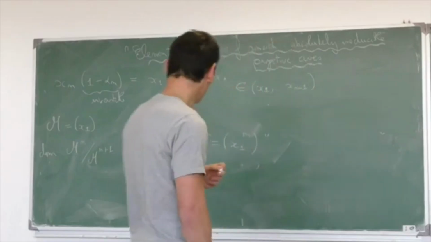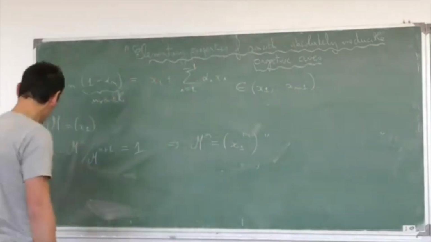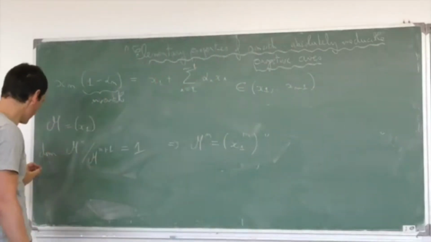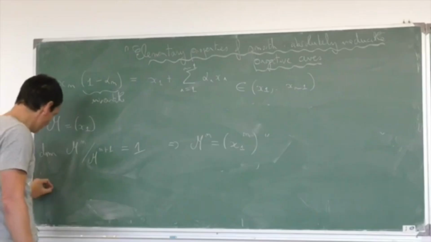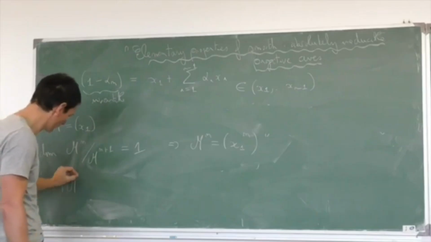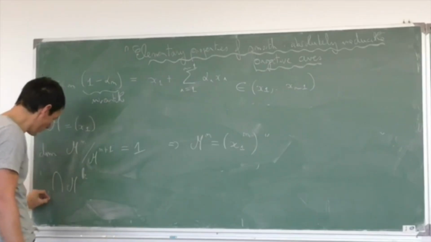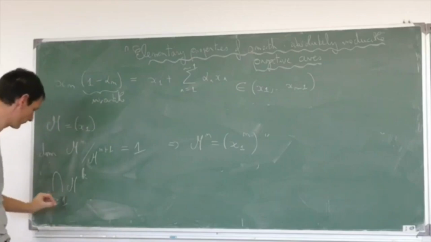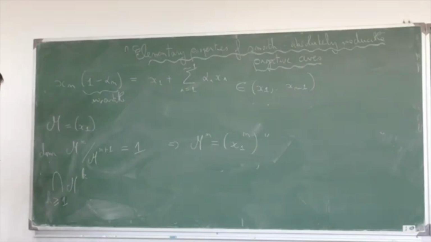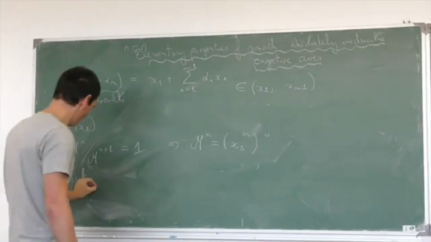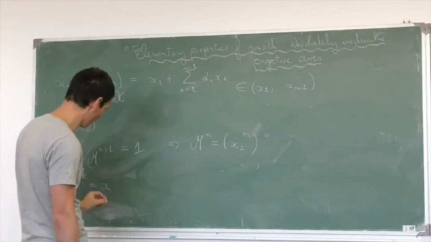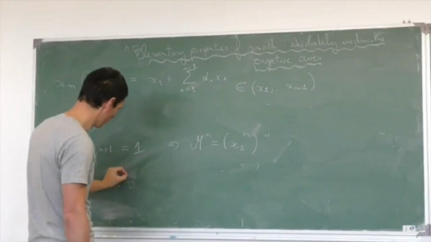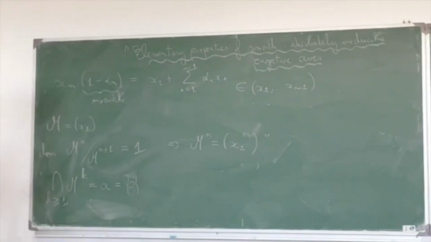Okay. Another property that you can prove, again by the same kind of argument, is that you take the intersection of all the powers of M. It's an ideal that I'm going to call A. This is actually 0. How can you prove that? Again, you can try yourself.